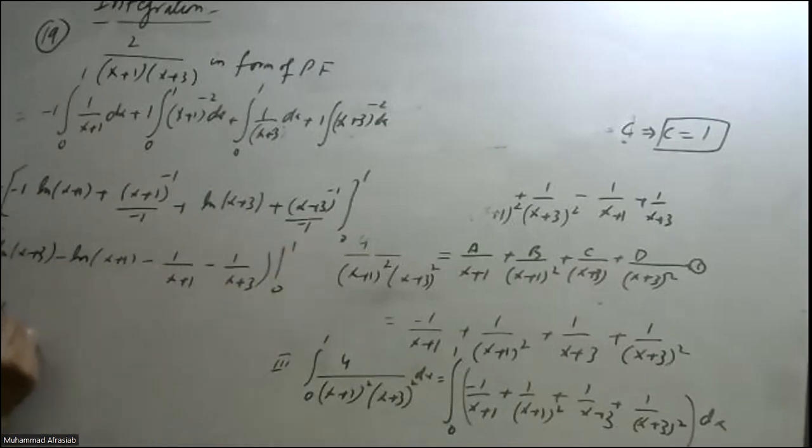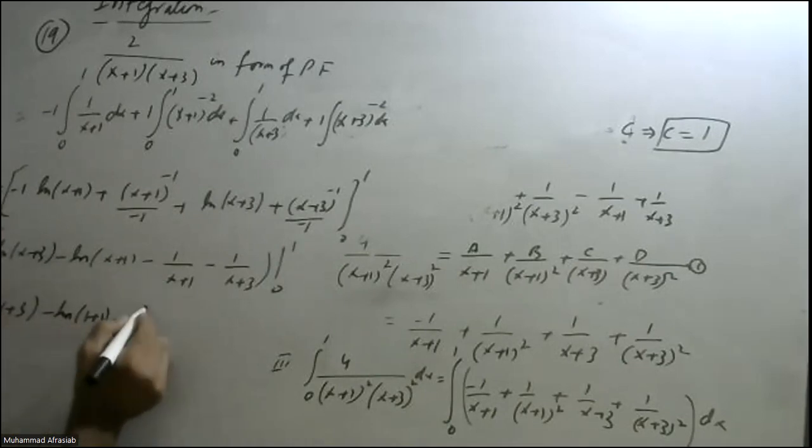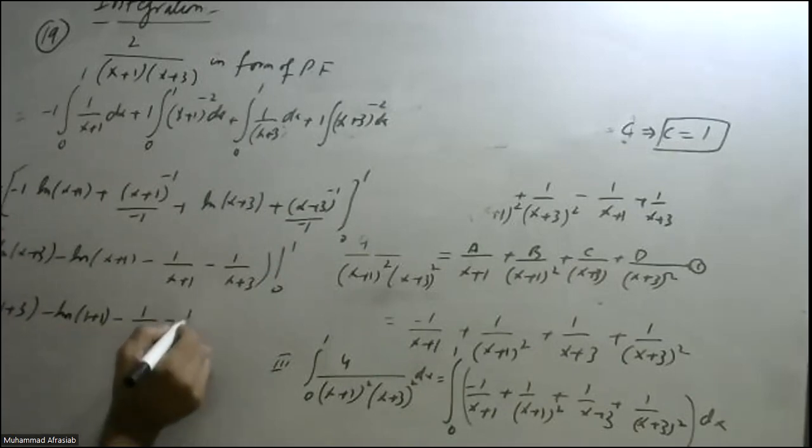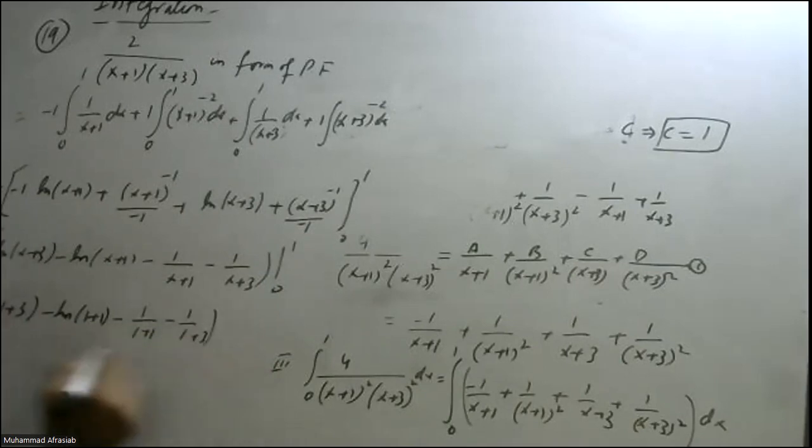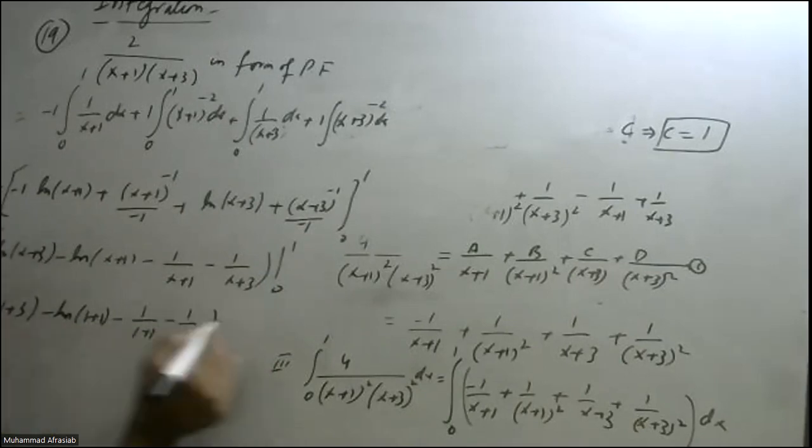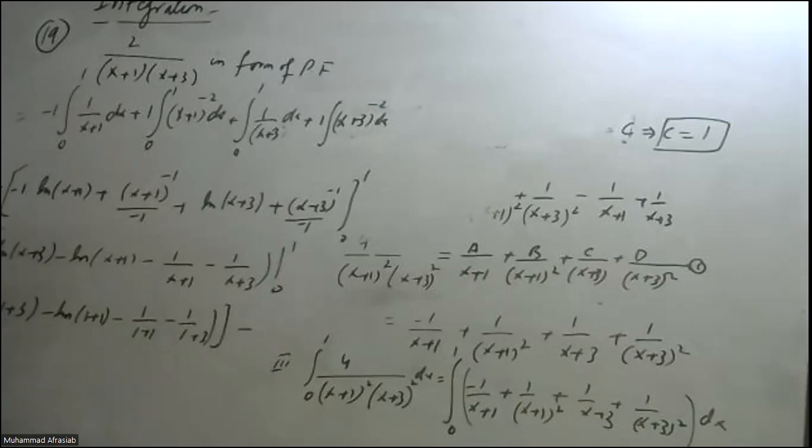So ln of 1 plus 3 minus ln of 1 plus 1 minus 1 over 1 plus 1 minus 1 over 1 plus 3, minus, we put 0 in it, ln of 0 plus 3 minus ln of 0 plus 1 minus 1 over 0 plus 1 minus 1 over 0 plus 3.